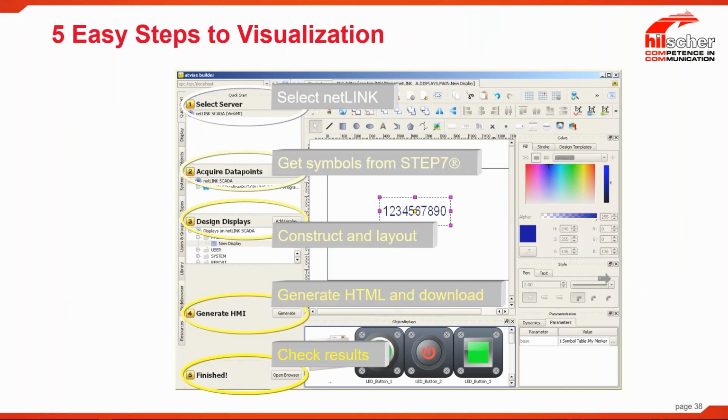The steps are pretty easy, as you can see from this. First, you select the server. So what kind of device is it? Is it going to be the netLINK, or is it going to be one of the other devices for one of the other networks? Then acquire the data points, so you can go find what data points you have and address them. Design displays. The Defies software actually has quite a good library of graphics, and you can literally drag and drop.